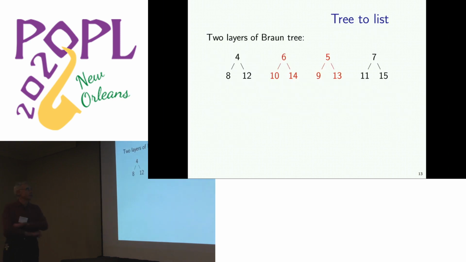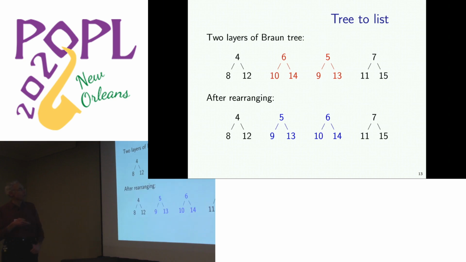In the other direction, let's look at a part of the tree. Of course, there are more nodes up here, and now I'm reverting back to the index notation. So this is the tree as we have seen it, but you can see that if you want to convert that back into a list, in the order of the indices, then the order of the indices here is wrong. So you have to swap them here.